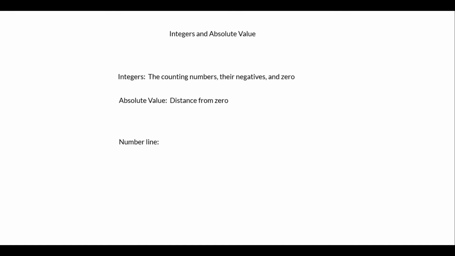So I'll show you what that means on a number line. So this is what a number line looks like. Let's move that back. We're going to put 0 right in the middle.